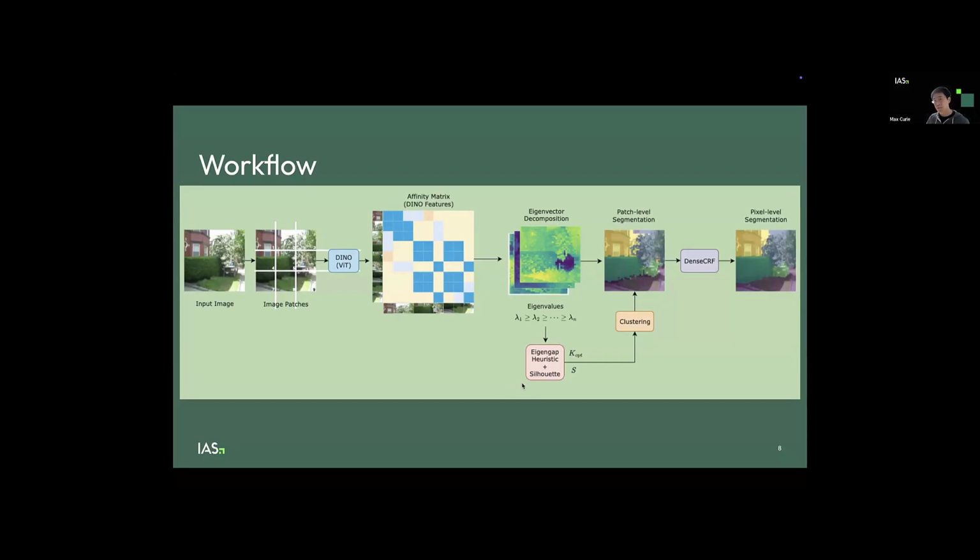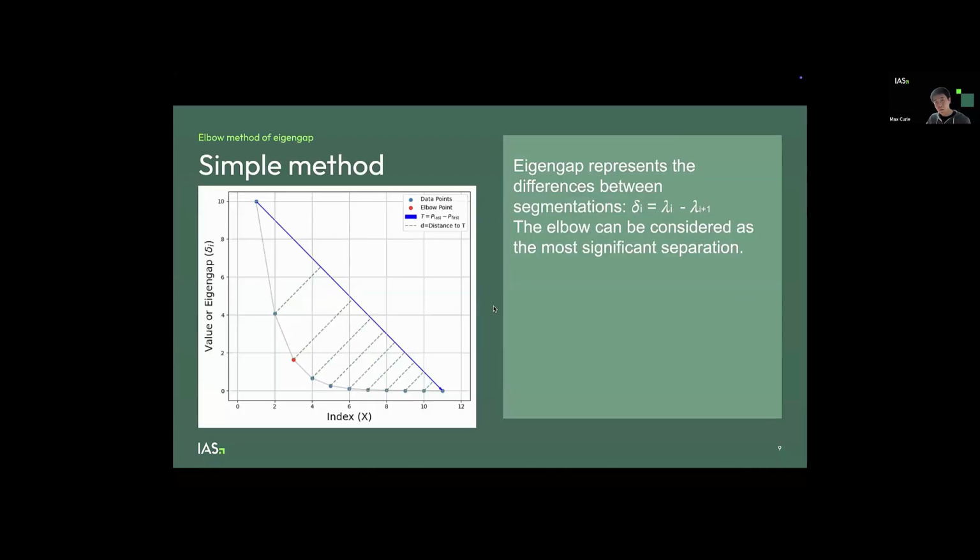We use the eigengap heuristic and silhouette score to calculate the optimal number of clusters. Then we cluster using that optimal number to get a patch-level segmentation, and then use a classical computer vision method like DenseCRF to get a pixel-level segmentation. So the method is relatively simple.